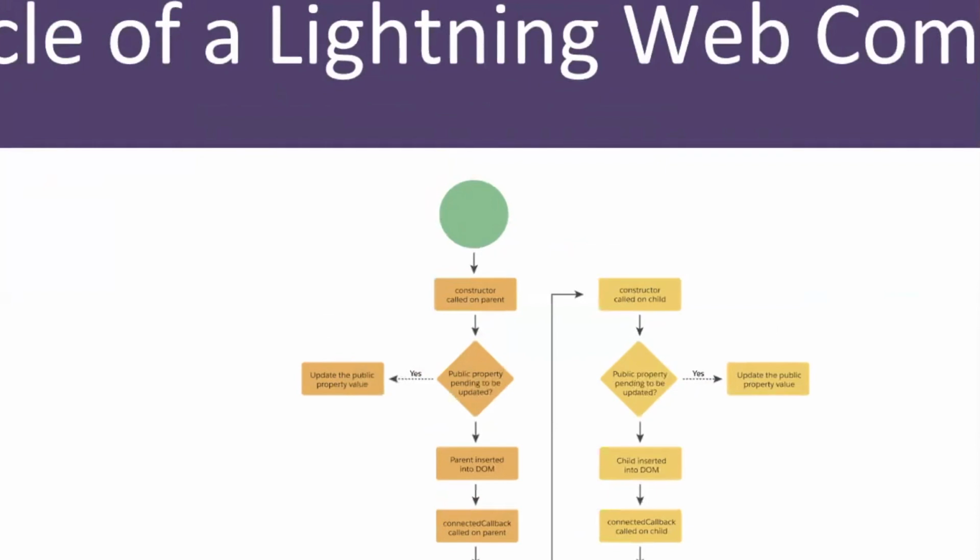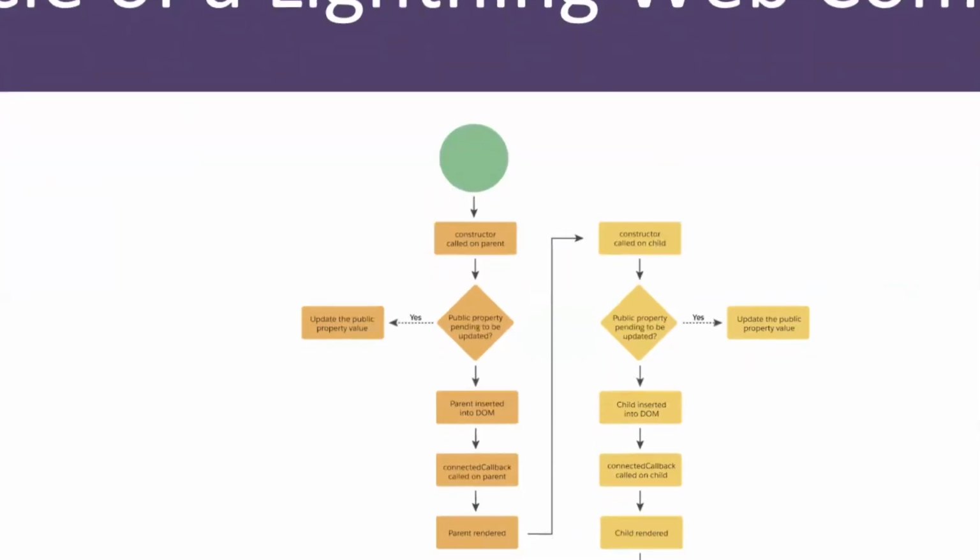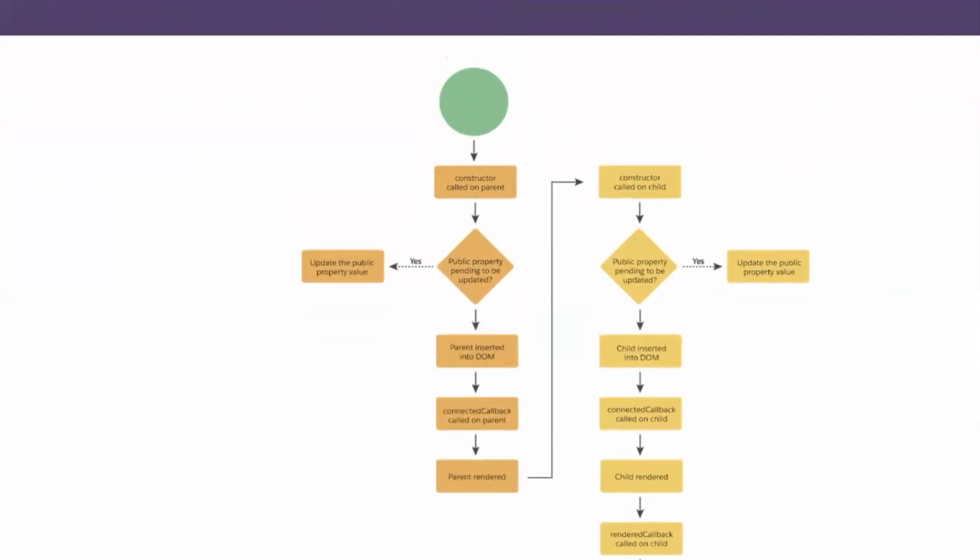Just like a Visualforce page has a life cycle or an order of execution of Apex and business logic, you also have a life cycle here. This particular diagram explains the life cycle where there is a parent component and there is a child component, right? So how will the life cycle operate in that particular case?